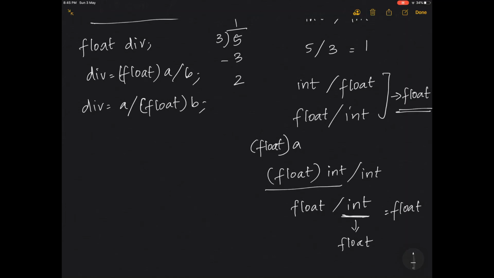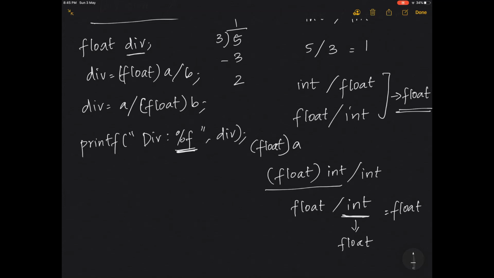Both of these will convert one into a float. Now the answer is definitely going to be in float data type. You can go ahead and printf that division gives the value in %f and go ahead and print div. I am writing %f because this division I have declared in float data type.